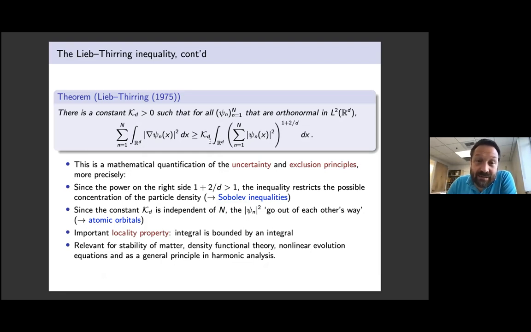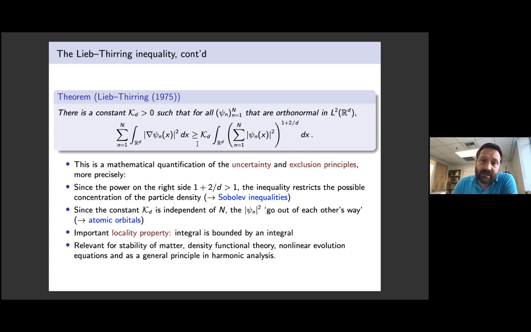That's somehow what the inequality seems to suggest. If you have the functions psi n supported on one side and another bunch of the psi n supported on another piece, their contributions to the inequality are additive. That's an important property of the inequality, which is very helpful in the analysis of certain physical systems.